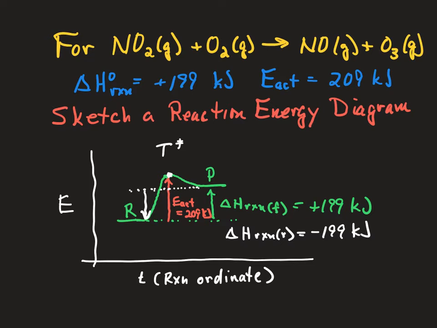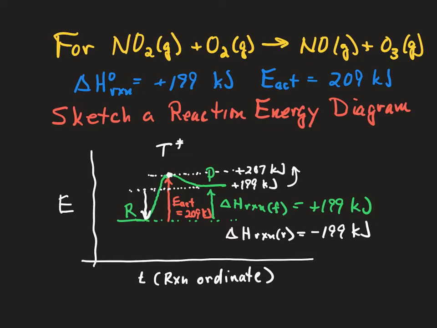But now we have to consider the activation energy barrier for the reverse reaction. So we're going from plus 199 on our scale to plus 207 on our scale.